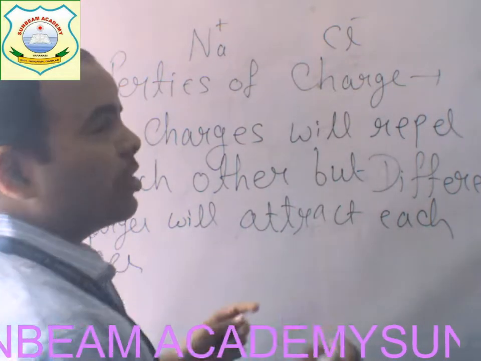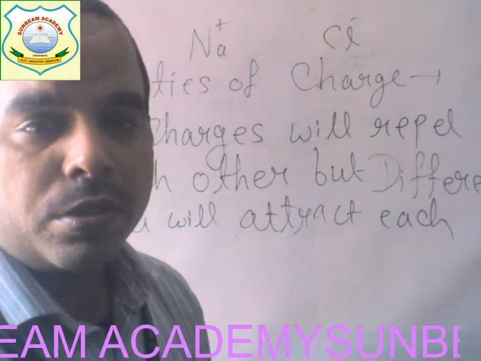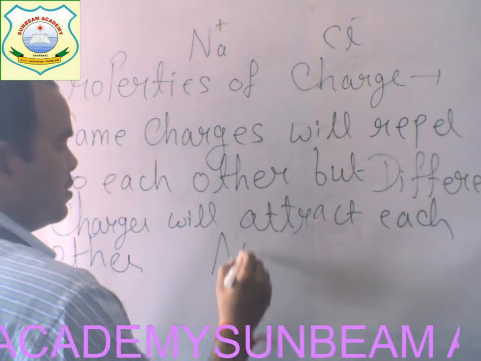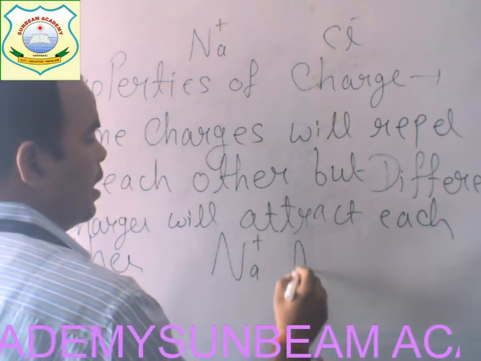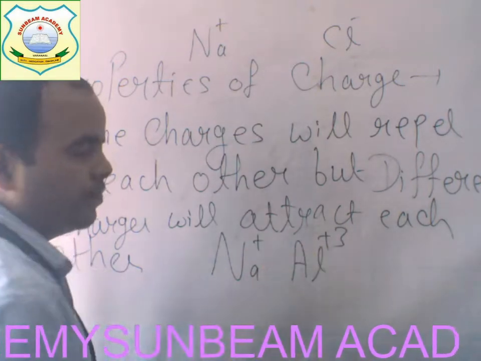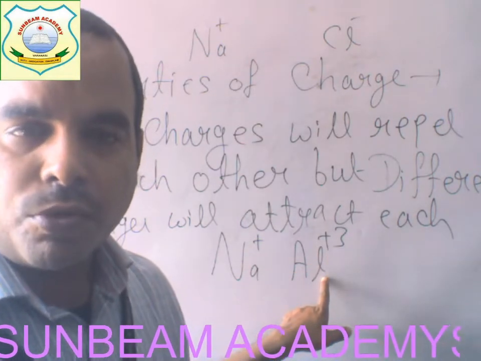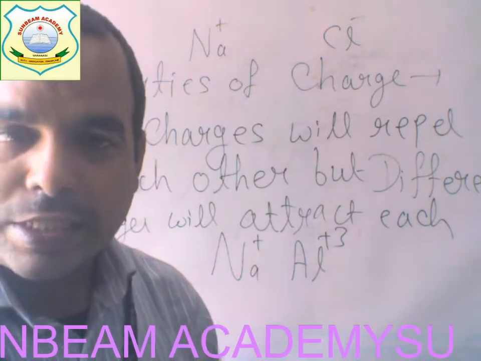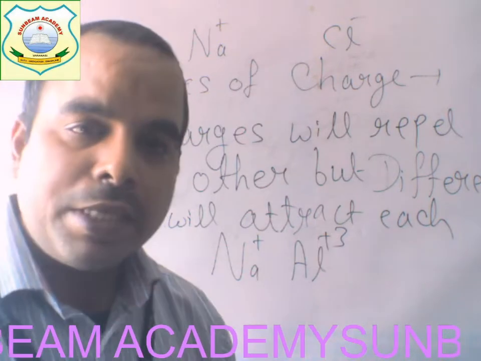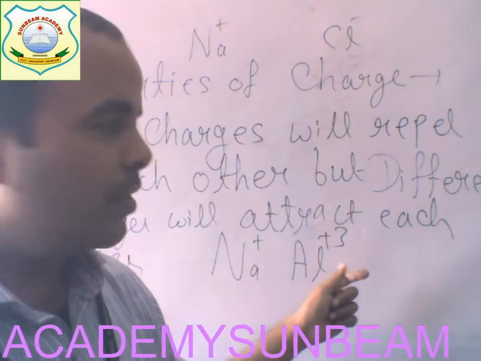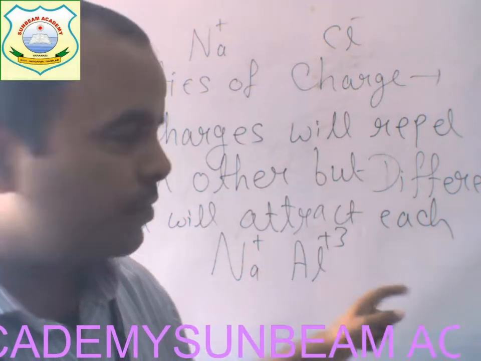But if we think about the same type of charges, like Na plus and Al plus 3, where Al means aluminium, plus 3 means it has ejected 3 electrons.